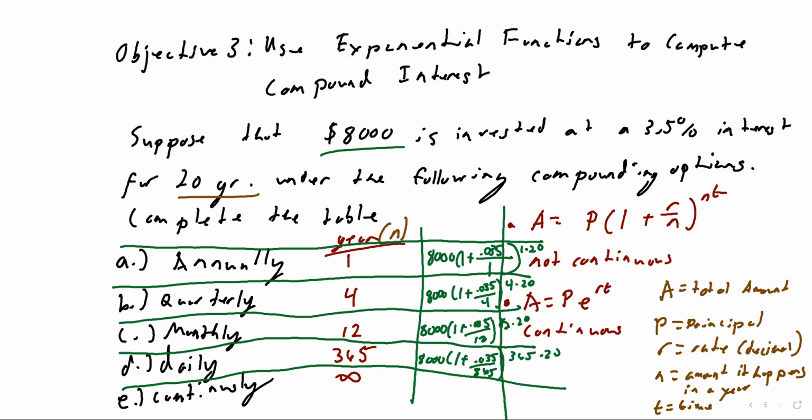Now, when it says continuously, now we can use A = PERT. So this would be 8,000 e. Good. All right, now I'm going to put the answers over here because I ran out of room.